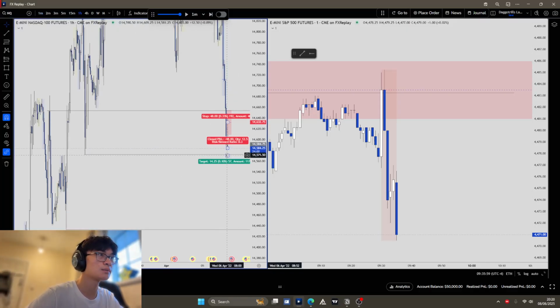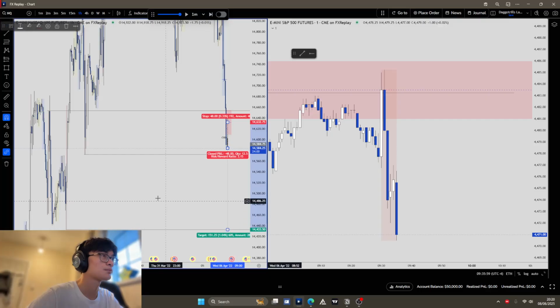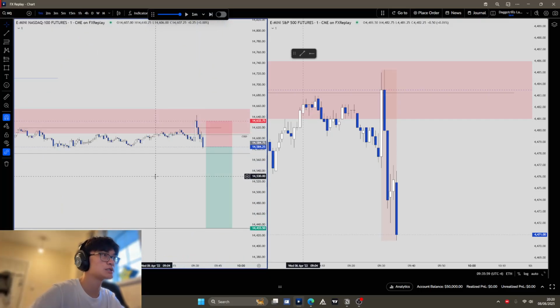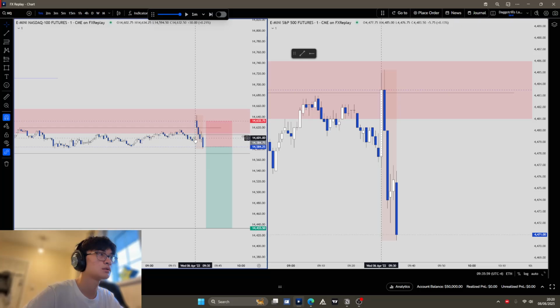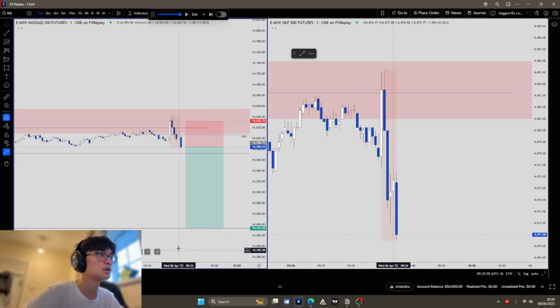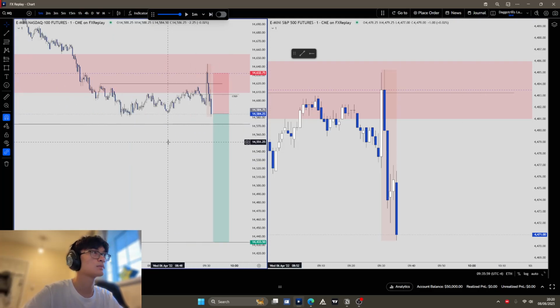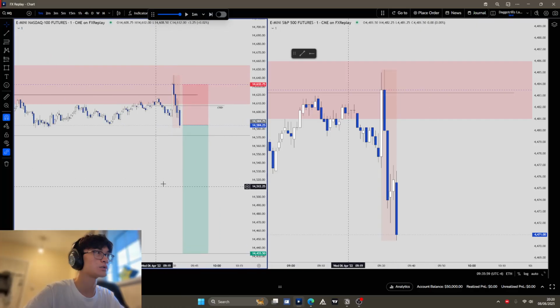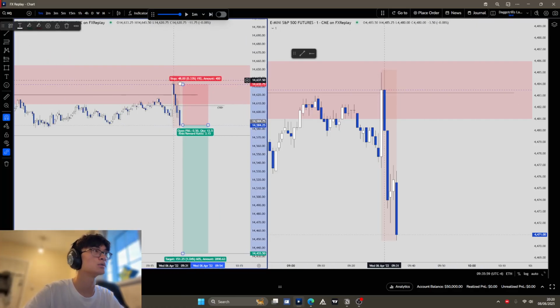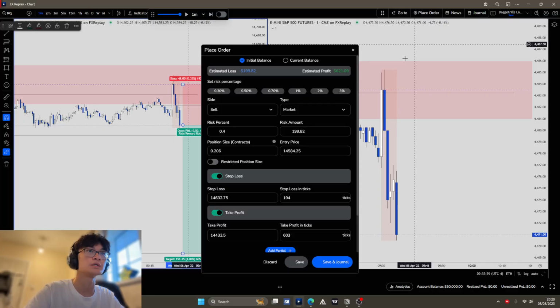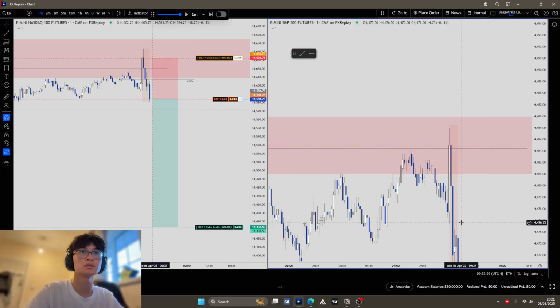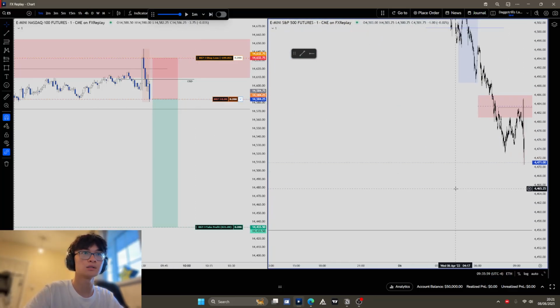Much cleaner. Okay, so still respecting that consequent encroachment, really nice. I'll actually hit this. R is better as well. Let's see. Yes, here.